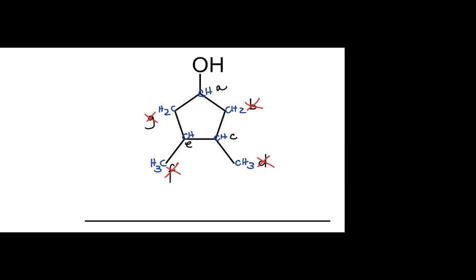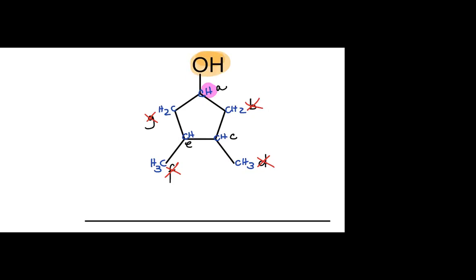Let's start at the top. Is A a chiral carbon or not? Great observation, you guys. It can't. Let's look at A. It has a hydrogen. Excellent. It has an OH. Awesome.